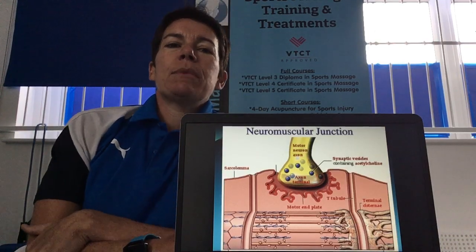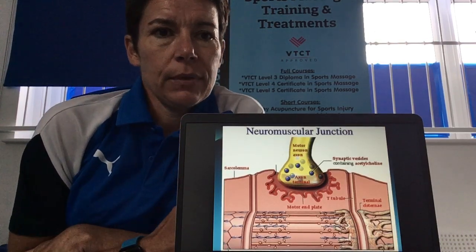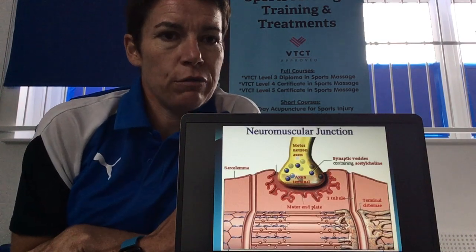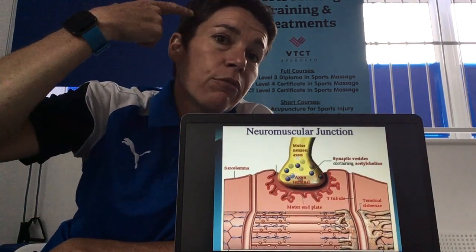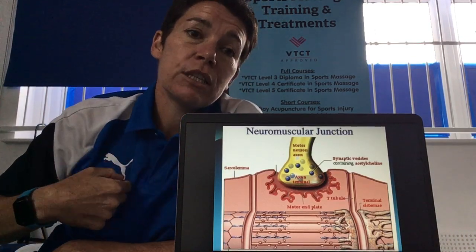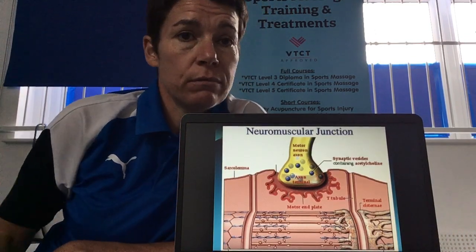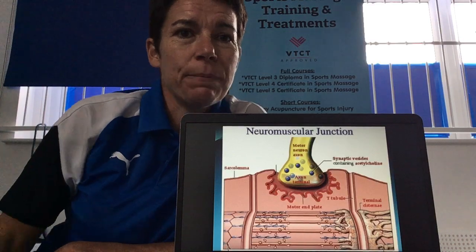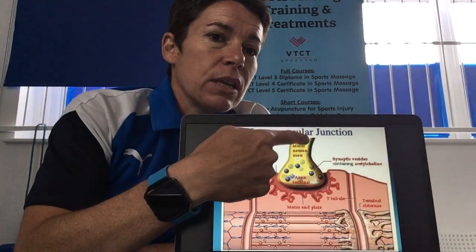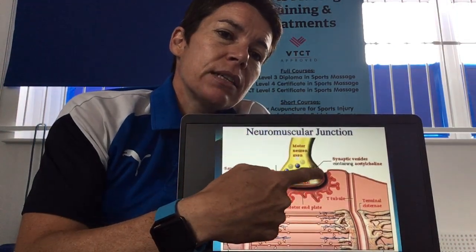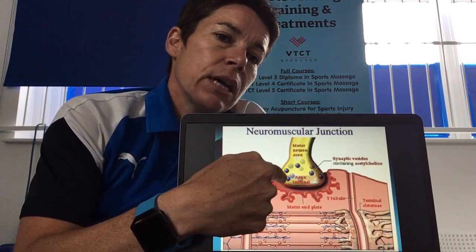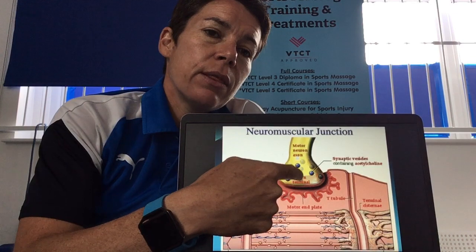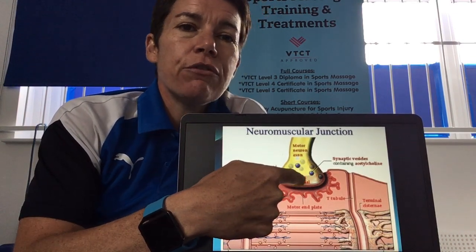So this is a neuromuscular junction, NMJ. From our brain, central nervous system, through our spinal cord, central nervous system, into our peripheral nerves. We'll look at nerves in another PowerPoint. The impulse is going to come down to a nerve ending. So this is a nerve ending. As the impulse comes down, it will tell these little vesicles that are full of a neurotransmitter.